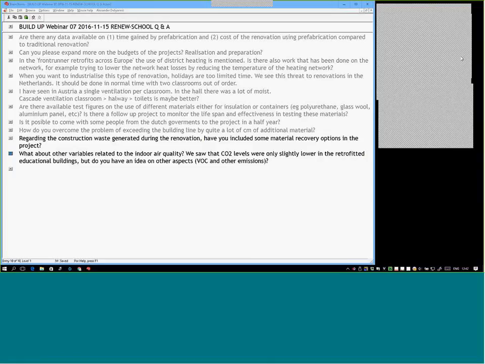I can join on this answer possibly. From this year on in Austria, you have to make a waste plan. So if you renovate or knock down a building, you have to think about what you do with the waste.